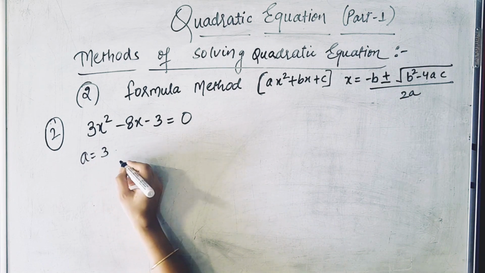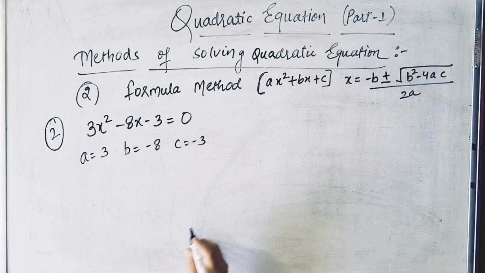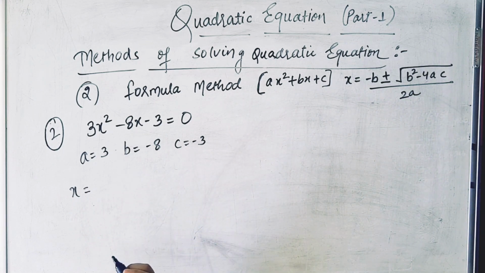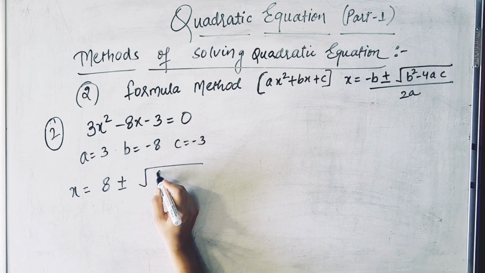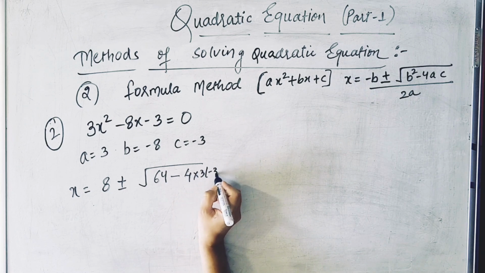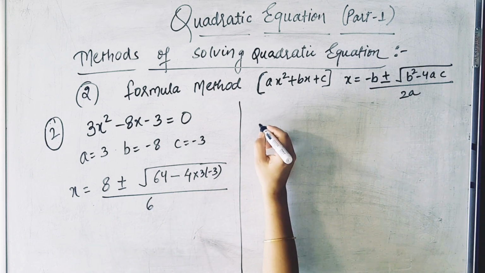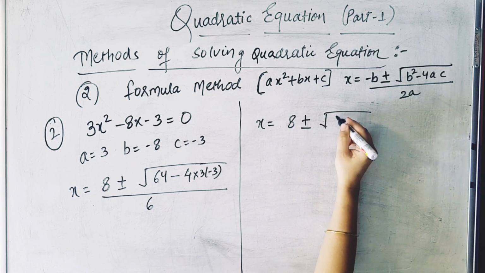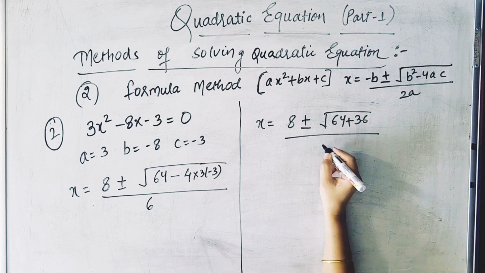A is what? 3. B is minus 8. C is minus 3. Putting these values in this formula, minus b, that is minus minus, plus 8, plus minus root of b square, 8 square 64, minus 4ac, 4 into 3 into minus 3, upon 2a, 2 into 3, 6. Thus solving this, x is equal to 8 plus minus root of 64, 4 3s are 12, 3s are 36, by 6.